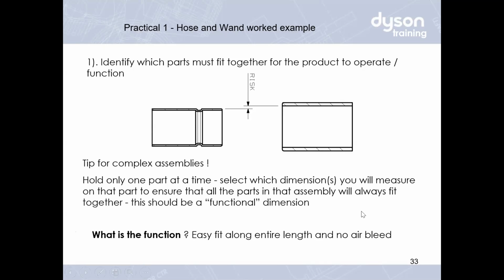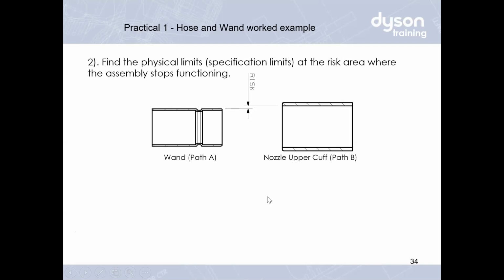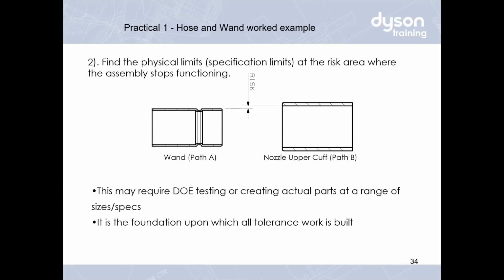Therefore, in system design, perhaps some of the technical terms you don't understand. In system design, the first thing we need to do is find what is the force required to insert the hose into the nozzle.